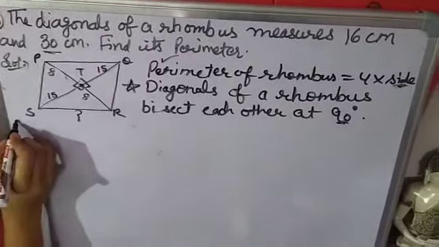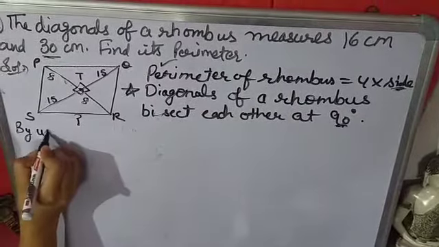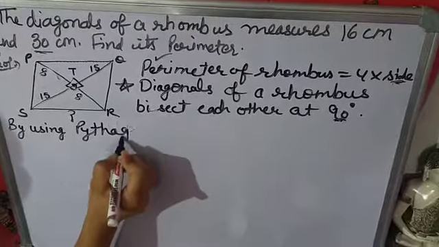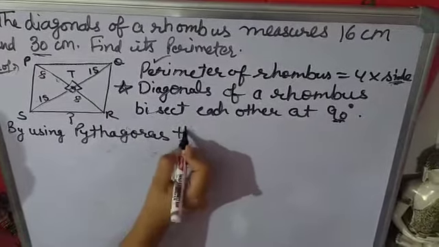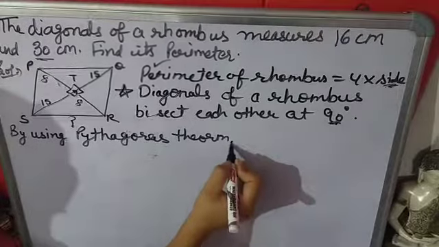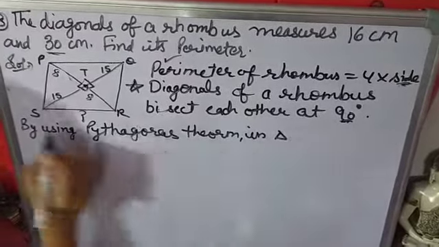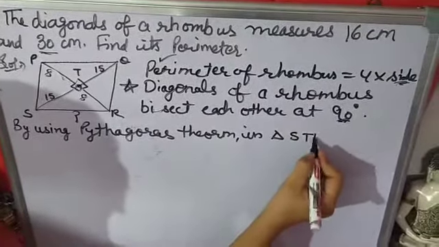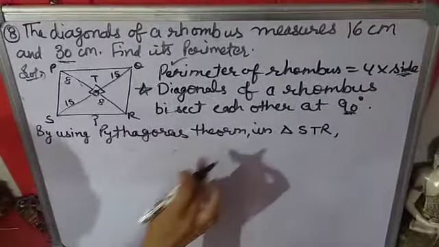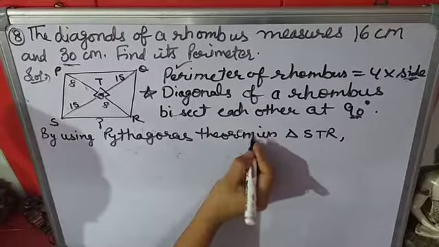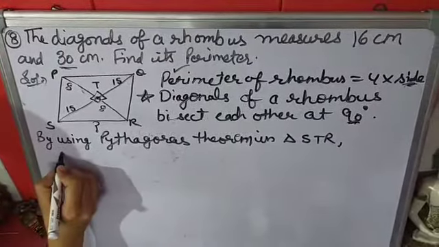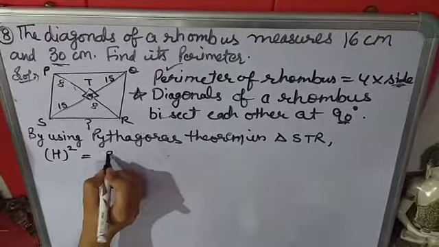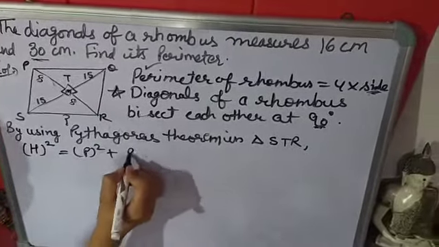So you will write here, by using Pythagoras theorem in triangle STR, hypotenuse square is equal to perpendicular square plus base square.